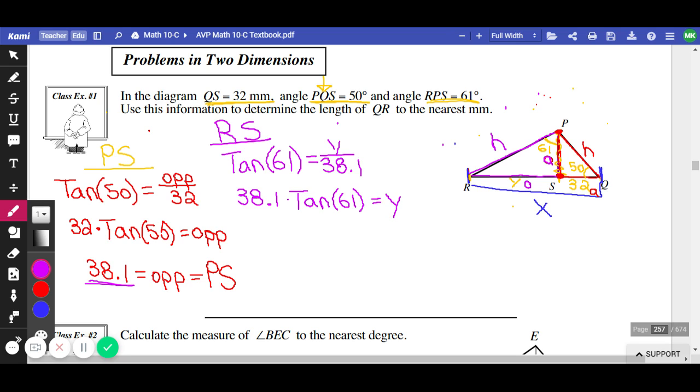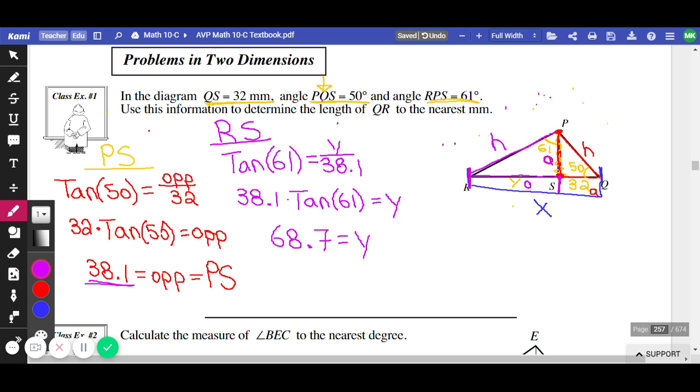I'm going to try to sneak that in. 38.1 times tan of 61, and I get 68.7. I now know this chunk along the bottom, from here to here, is 68.7.